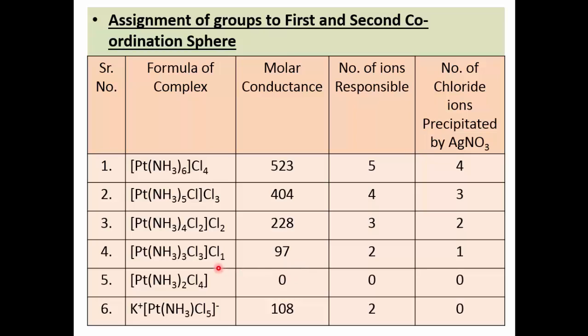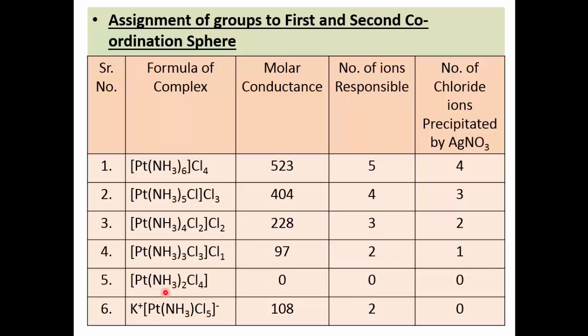Hence this chloride ion is present in the second coordination sphere. It is ionizable, and these 3 ammonia and 3 chloride ions are present along with platinum in the square bracket, in the first coordination sphere. Only one chloride ion is present as primary valency, therefore it is precipitated by silver nitrate.